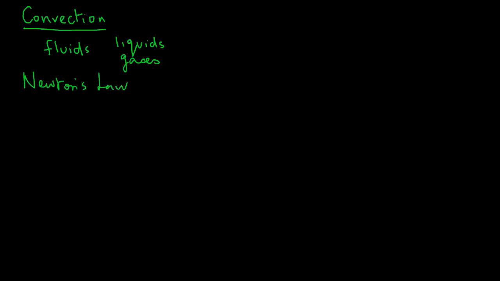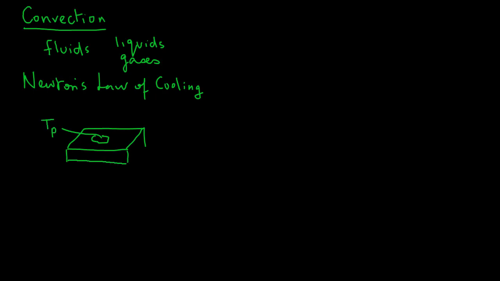Newton developed this expression in the following manner: if we have a heated metal plate which is in contact with air, and let's say the plate surface temperature is Tp and it is surrounded by air at a temperature of T infinity, and the surface area of that metal plate is A, then the rate of heat transfer Q from the surface of the plate into the surrounding air will be Q proportional to area times the temperature gradient.